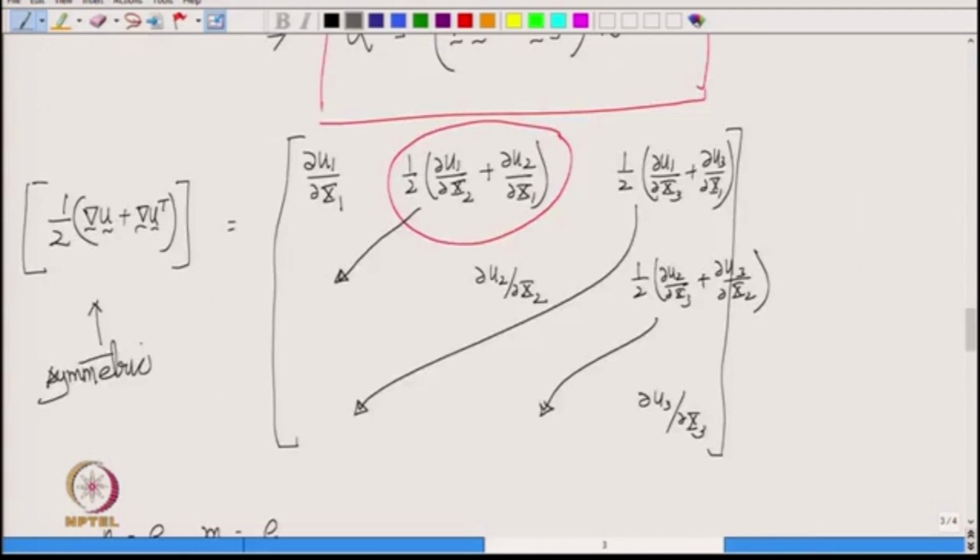So, what we see finally is that in this matrix the diagonals denote longitudinal strain and the off diagonals are actually the shear strains.